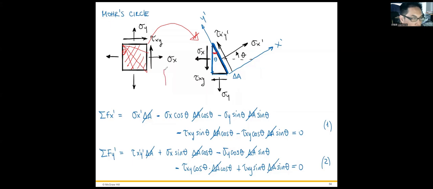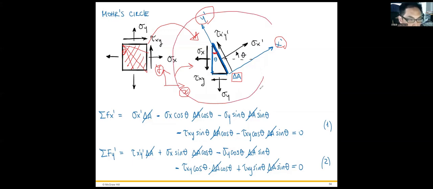Originally we have the Cartesian coordinates x and y, and then we can transform these to x prime and y prime, which is based on the surface with area delta A. And then we can use the equilibrium equations to analyze this free body diagram.